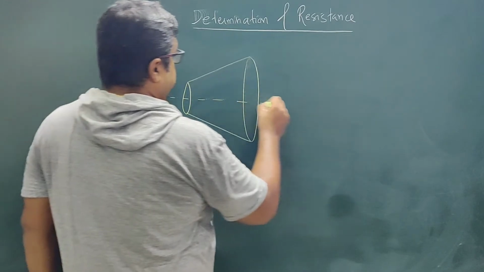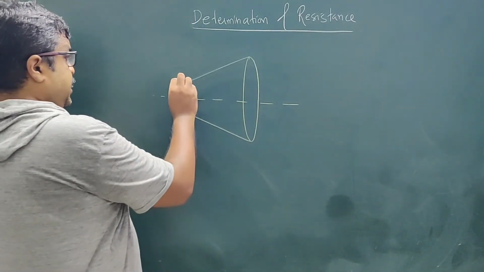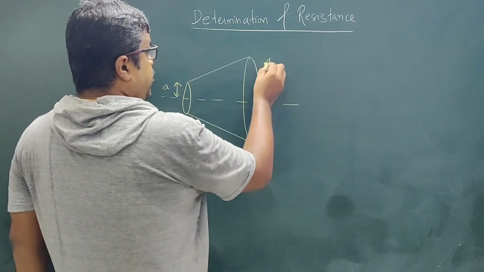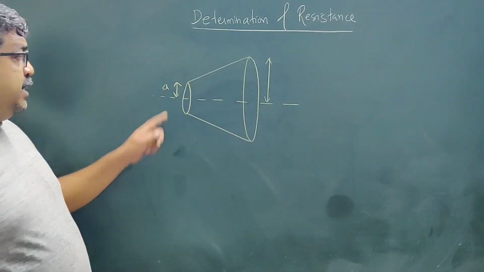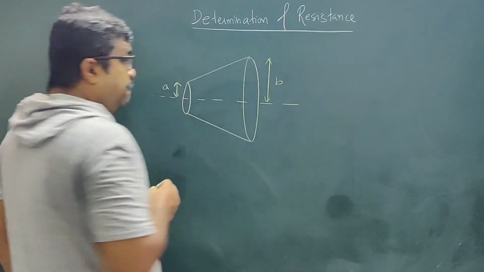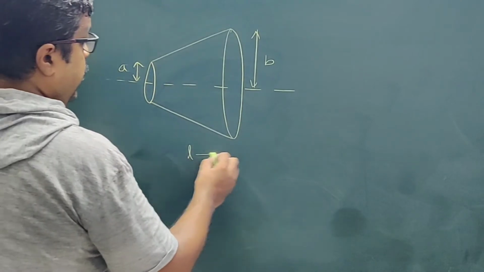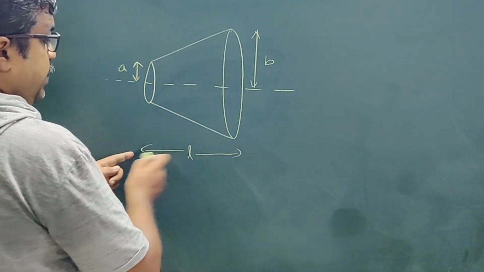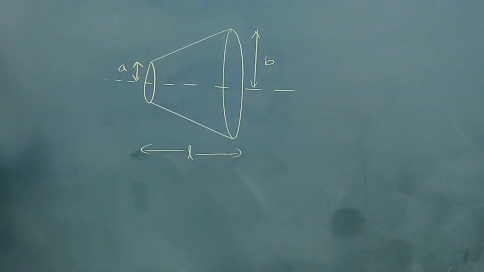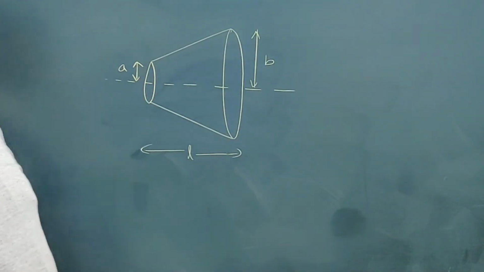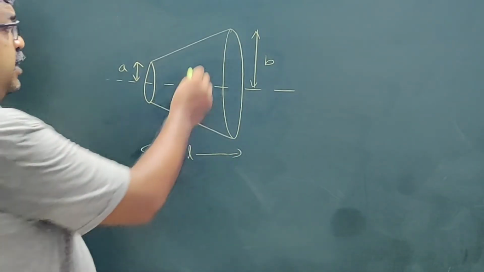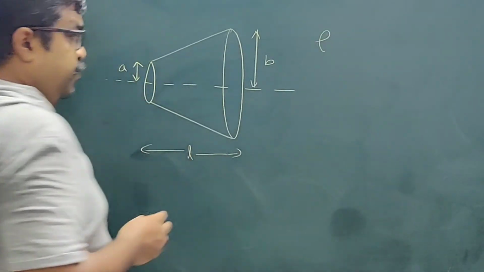This is the axis. This end has cross-section radius A, and this cross-section has radius B. L is the distance between the two cross sections. These data are given, and this material has resistivity rho.